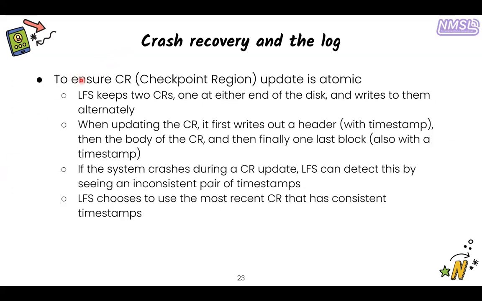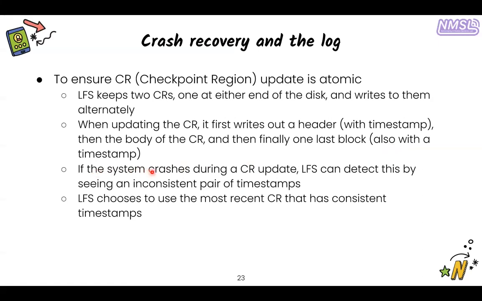To ensure the checkpoint region update is atomic, LFS keeps two checkpoint regions, one at either end of the disk, and you write to them alternately. When you're updating the CR, it first writes out a header, importantly with a timestamp, then the body of the CR, and then finally one last block, also with a timestamp.